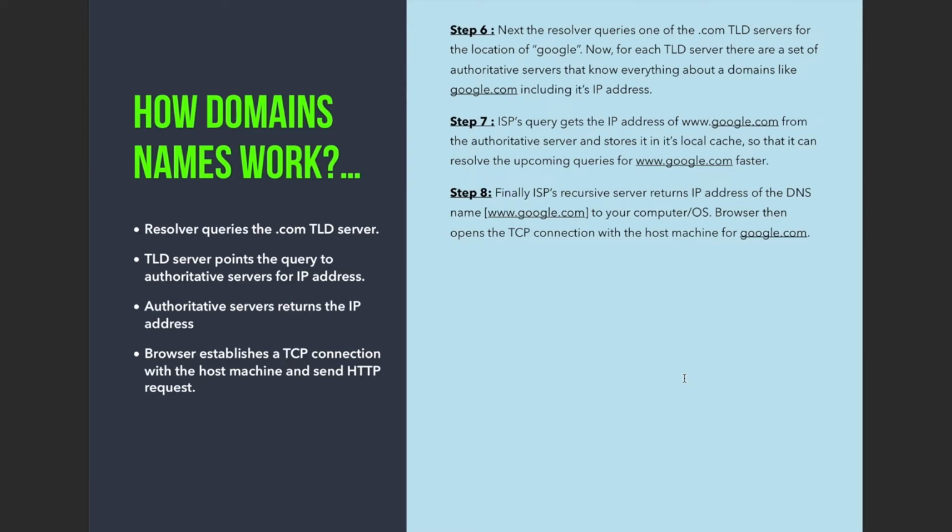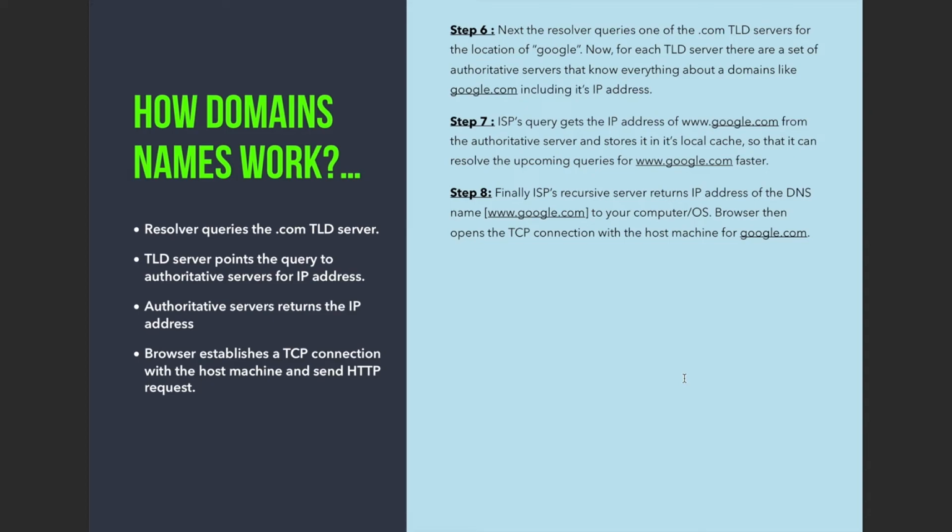So the query lands on the authoritative servers who are responsible for the unique name Google. Now authoritative servers are responsible to hold all the information for a particular unique domain name. So we finally find our IP address, which travels all the way back to our browser.